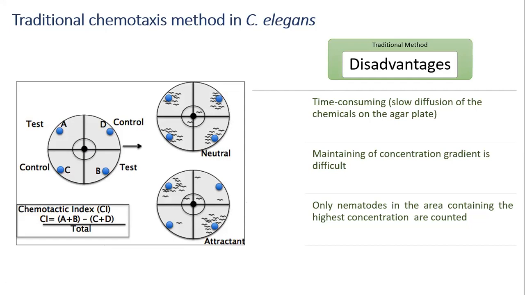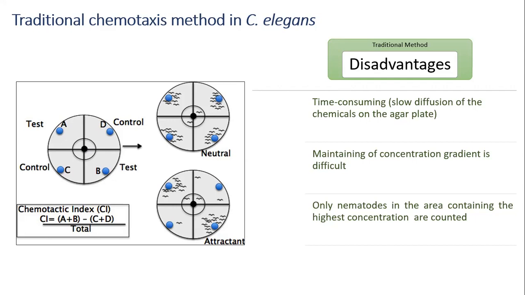However, this method suffers from several disadvantages for obtaining reliable data. First, the conventional methods are rather time-consuming due to the slow diffusion of chemicals in the agar plate. Second, the ability to create and maintain a desired shape of the chemoeffector gradient is critical for analyzing chemotaxis of C. elegans.